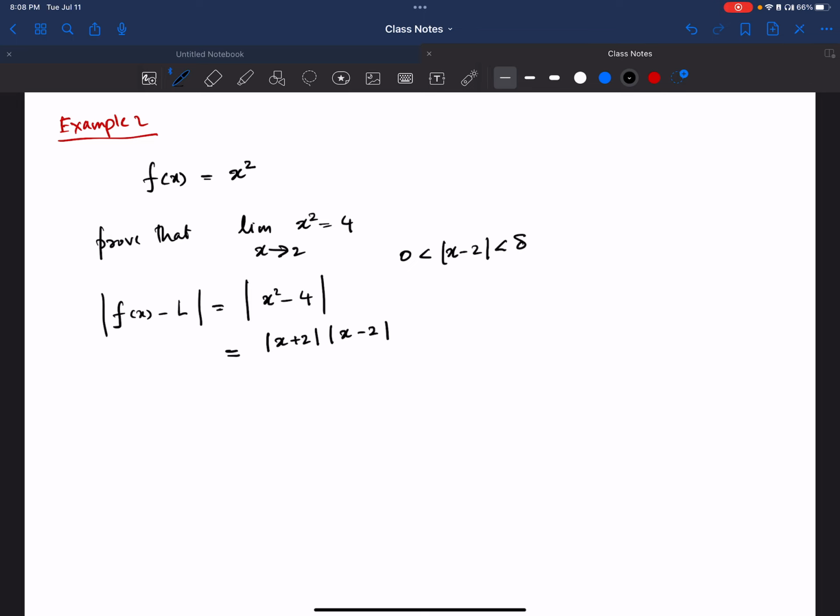So we can assume that this delta is greater than 0 but less than 1.